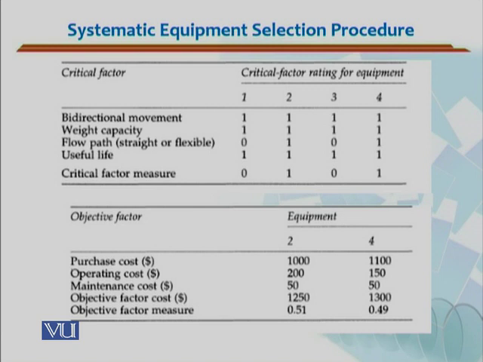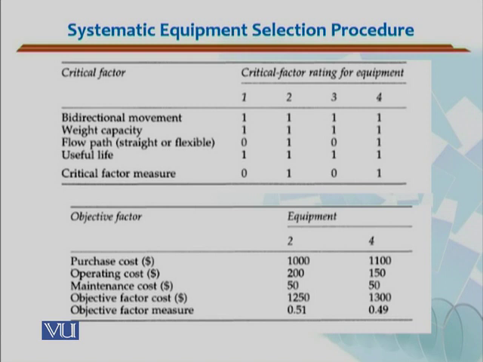According to step 1, we have to find the CFM, critical factor measure. Based on the rating, we have a critical factor measure of 0 for equipment 1, 1 for 2, 0 for 3, and 1 for 4. How come? Because if any of the critical factors is 0, the measure is 0.